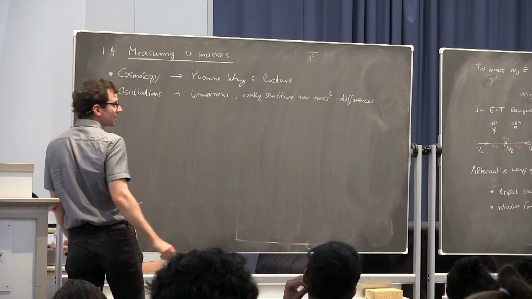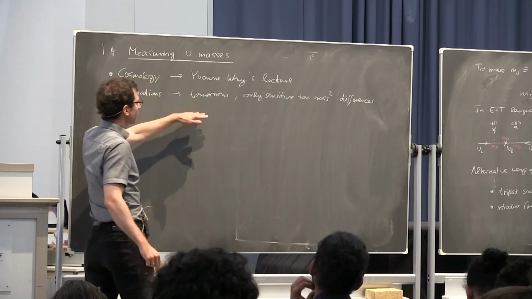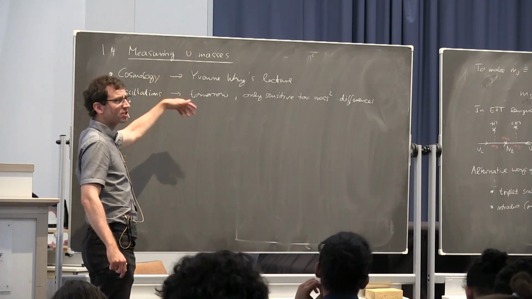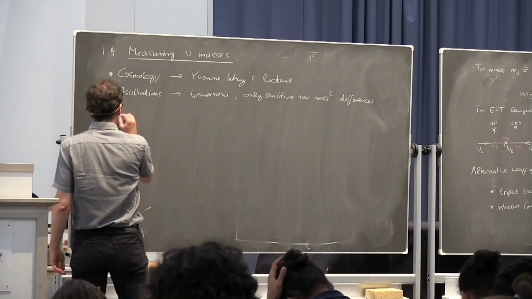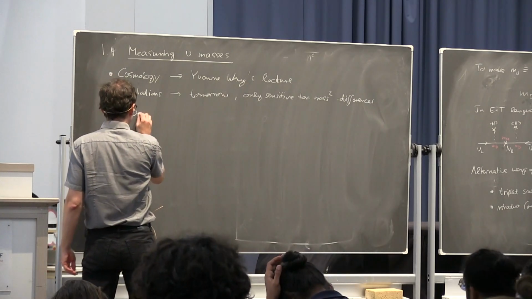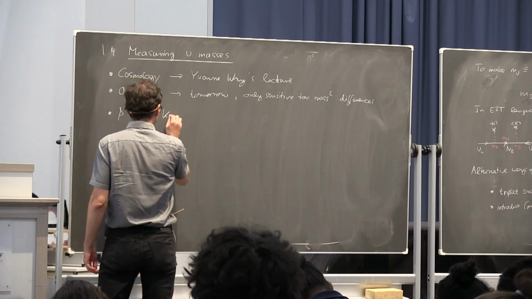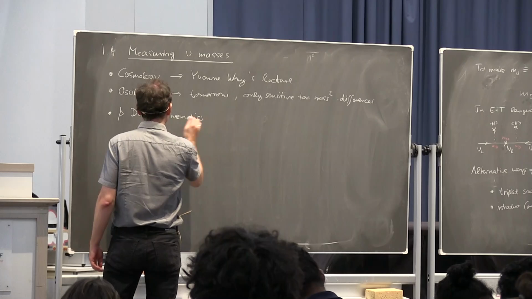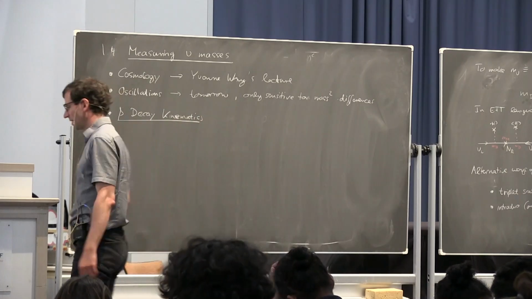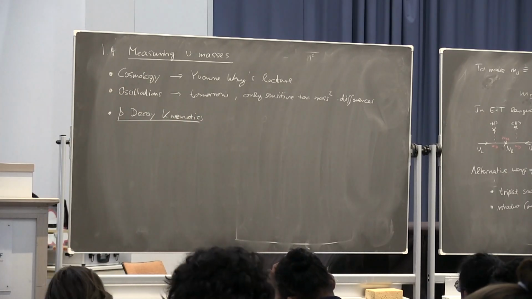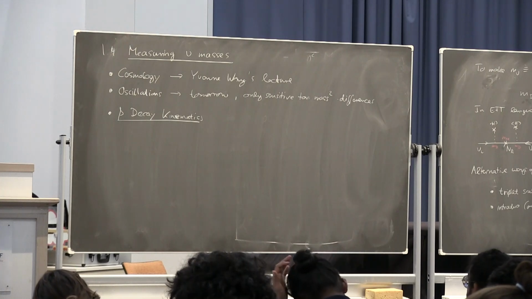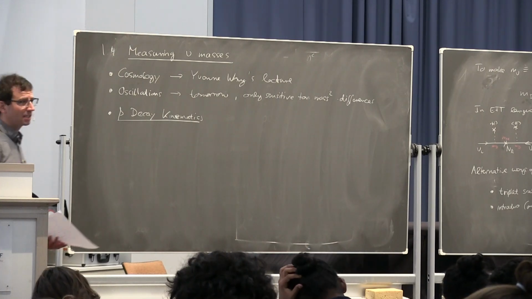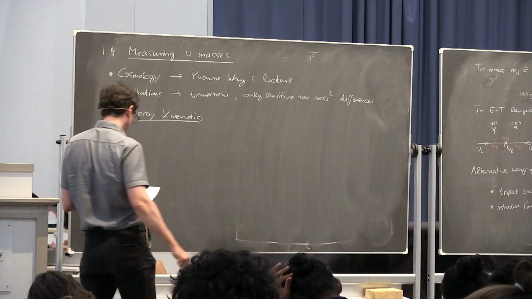Now, the first method of measuring the absolute scale of neutrino masses without invoking cosmology, so doing it in the laboratory, is beta decay kinematics. And that's essentially the way in which we've measured the masses of most other particles, from kinematics in their interactions.